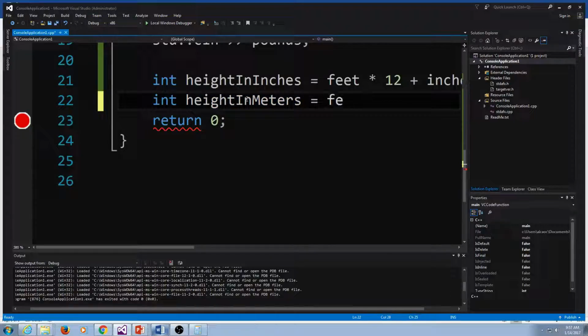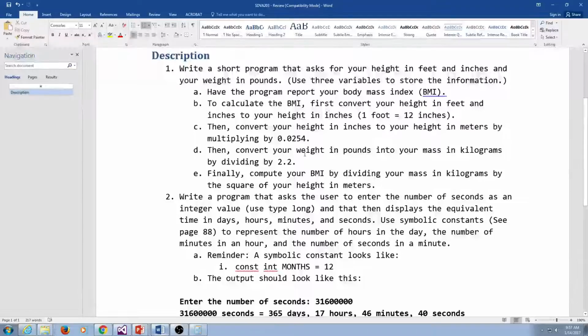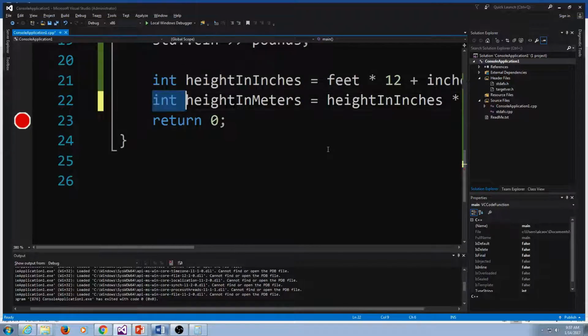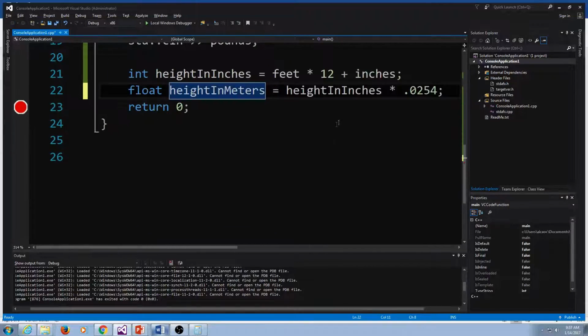But I want to take my height in inches now, and I want to multiply it by this value here, 0.024254. And this can't be an integer because I'm doing floating point arithmetic. I want the result to be a floating point, otherwise I'm going to lose precision.